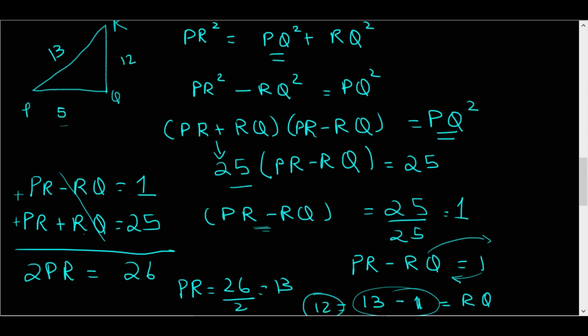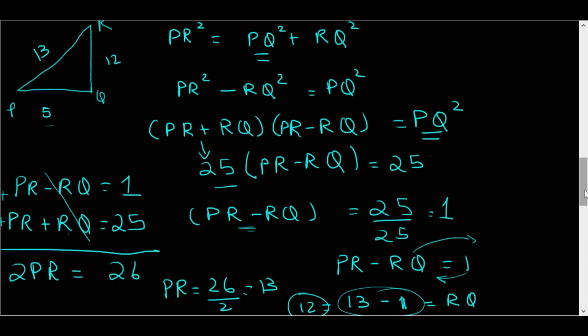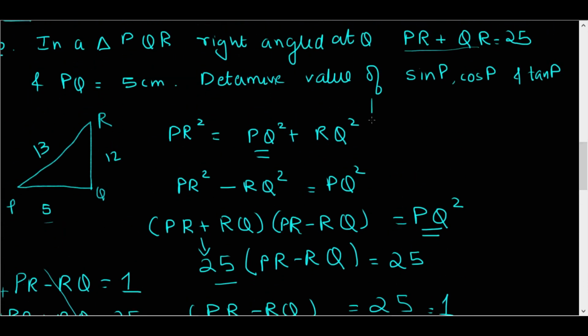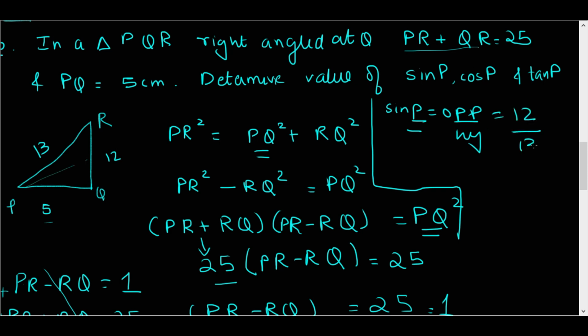So I have my triangle here now. I found all the values and I need to find sin P. Sin P is opposite by the hypotenuse with respect to P. So opposite to P is 12 by the hypotenuse, that's 13. Then cos P. Cos P is adjacent by the hypotenuse with respect to angle P. The adjacent with respect to angle P is 5.